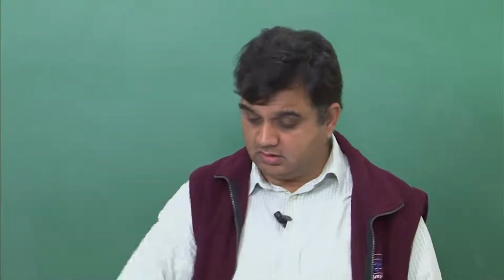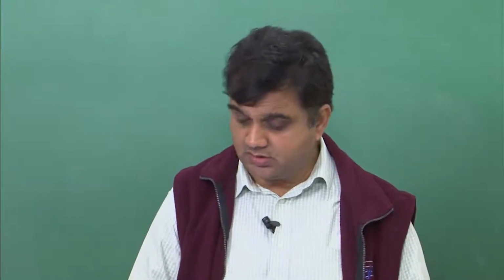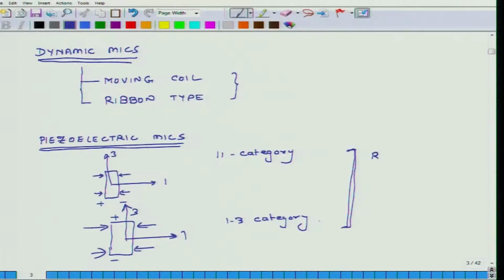Some materials which are used to get this, I just wanted to give some names. Rochelle salts. So this is a naturally occurring material, Rochelle salts. Then potassium sodium tartrate.